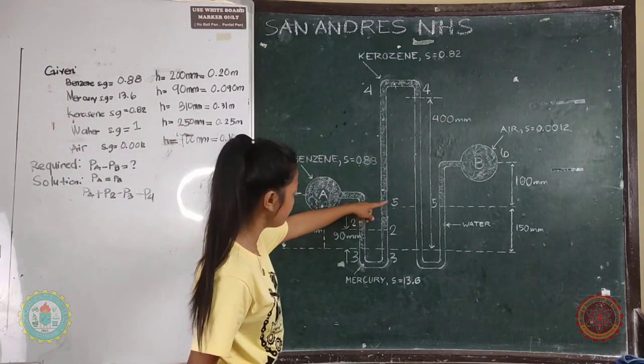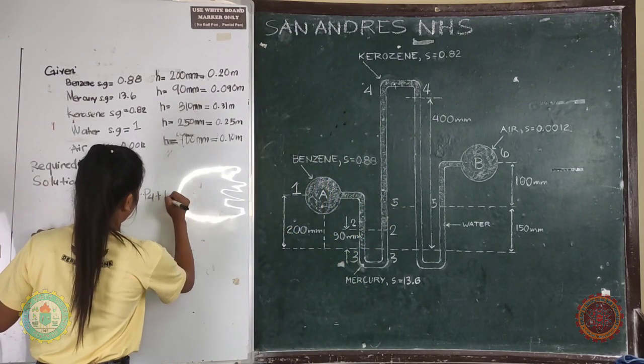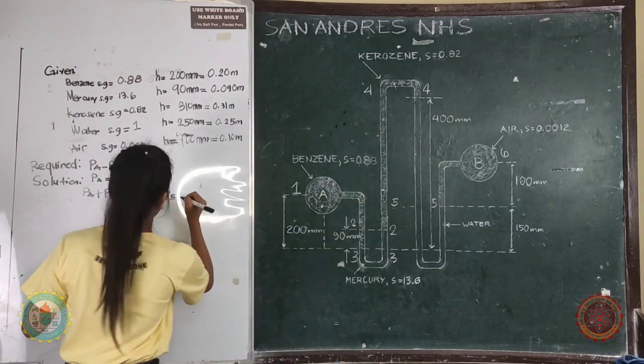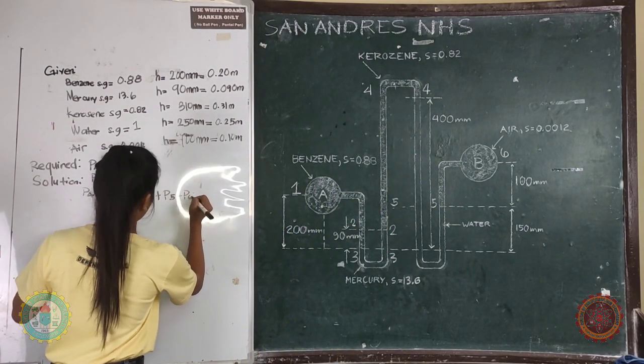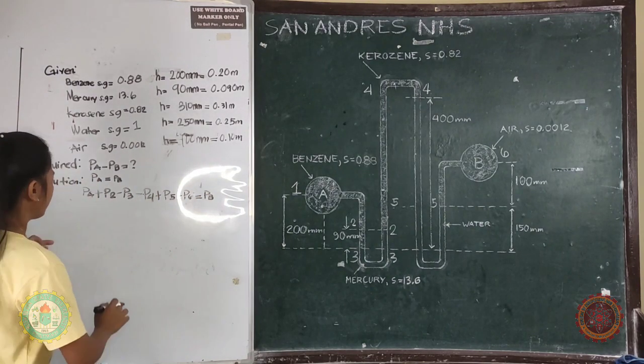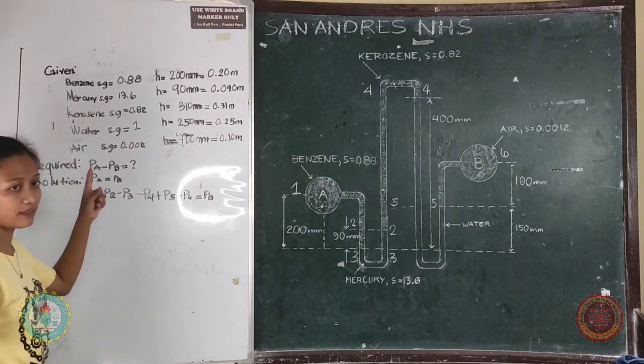And then P5, coming from here, is pababa, so we add it. Then P6 is pataas, so subtract. Is equal to PB, because what is asked in the question is the difference between point A and point B.